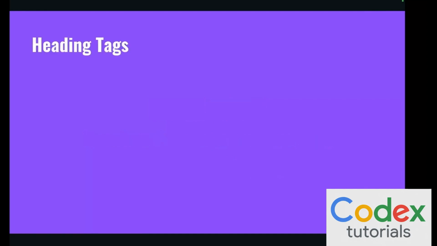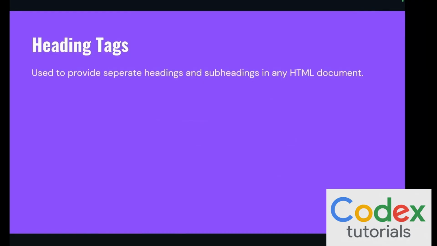Starting off with what heading tags are. The heading tags are used to provide separate headings and subheadings in any HTML document. If you have seen any normal article or document in your life, you might know that whenever the content is structured into different sections, there are headings and subheadings present, which are bold and brazen, and have a huge font size.